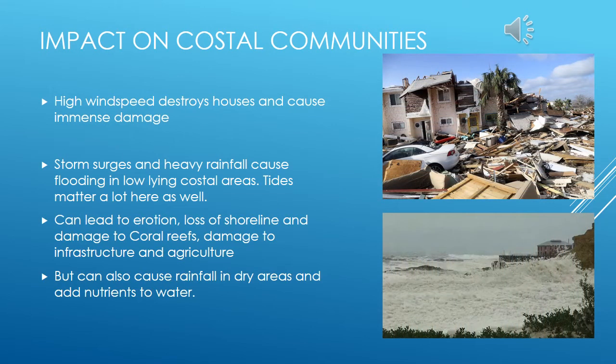Hurricanes, of course, have a huge impact on coastal communities. One thing is the wind speed itself. That will knock down trees, telephone poles, power lines, but can also damage buildings and lead to loss of human life. So there's a huge economic and human damage, especially when the hurricane hits major populated areas. Also, we see what we call storm surges.